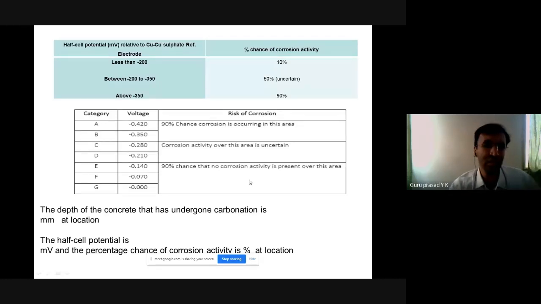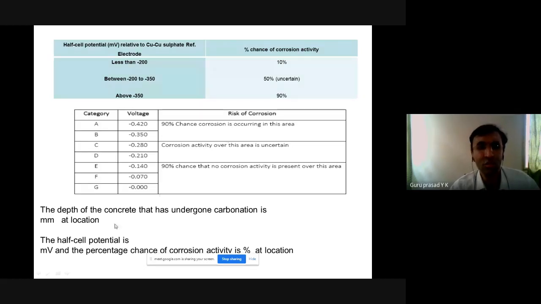You don't have to worry, no corrosion is going to take place. Now, if that value is between -210 and -280 millivolts, corrosion activity over that area is uncertain. It means it may or may not be taking place, it's somewhere in between. If it is -350 and above, there is a 90% chance of corrosion occurring in that area.